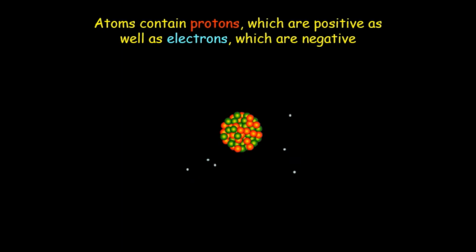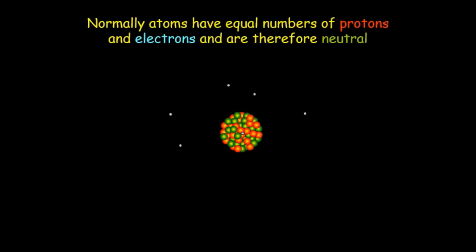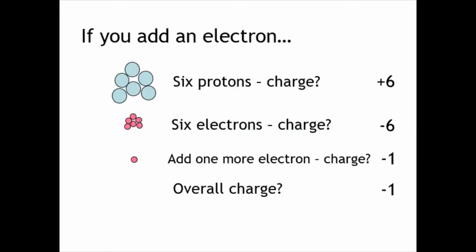So here's an animation of the same thing. The protons in the nucleus are positive, and there are electrons which are negative, orbiting around them. Normally there are equal numbers of protons and electrons, so it is neutral. If we add an electron, then instead of having just 6, we've now got 7.